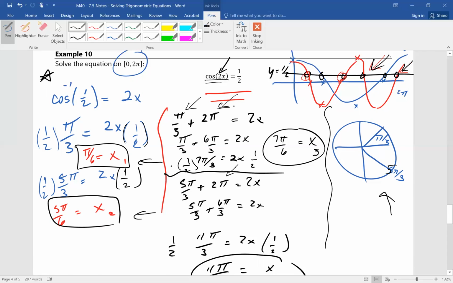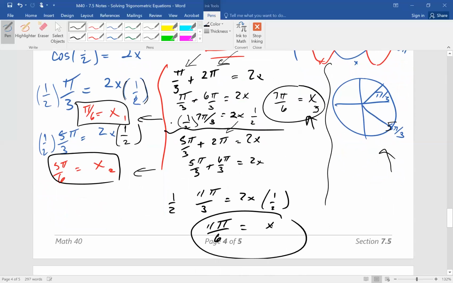So just keep going in both cases until you find as many answers that will fit into that domain. So now you have your x3 equaling 7 pi over 6. Notice this is just algebra, put the 2 pi together with this, got 11 pi, and then divided both sides by half to get our final answer down here. And our x4 was 11 pi over 6.